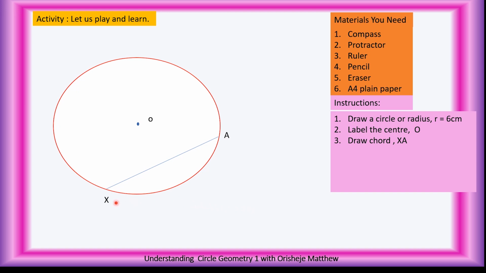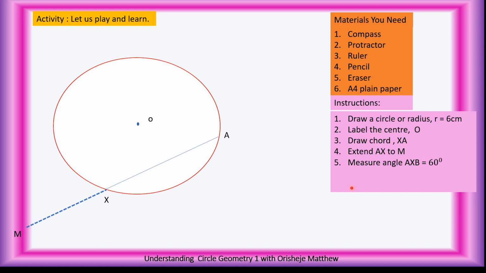So draw a chord in any part and label it SA. Extend the chord SA to M.